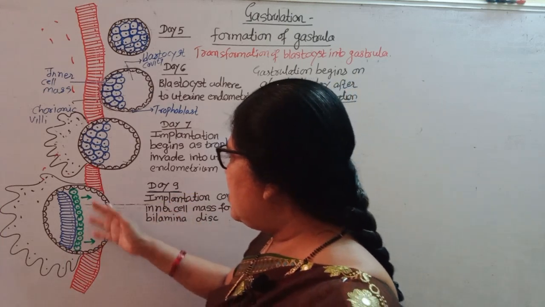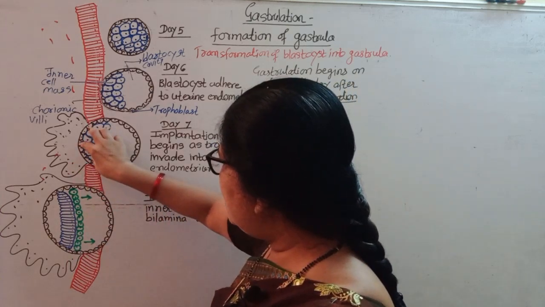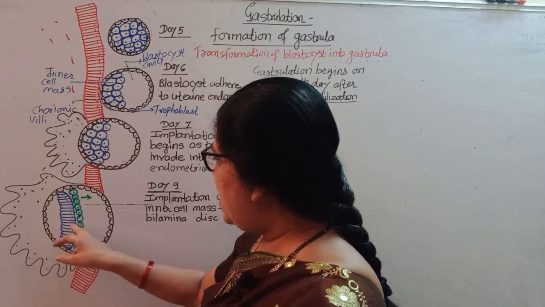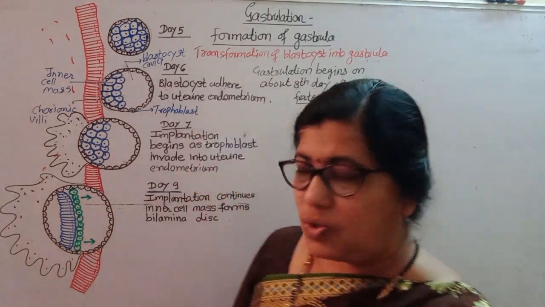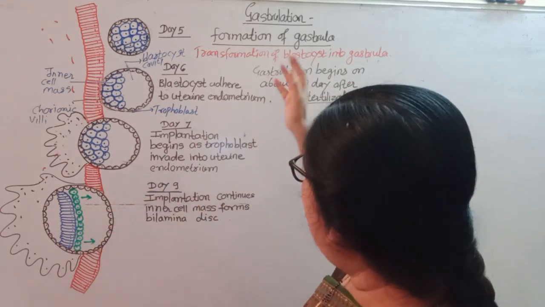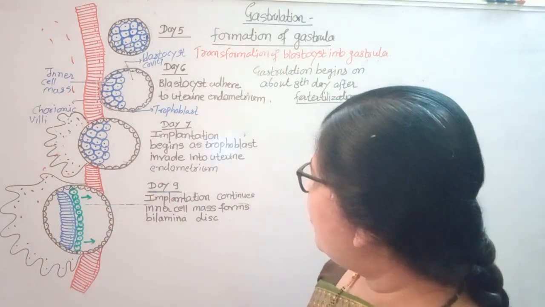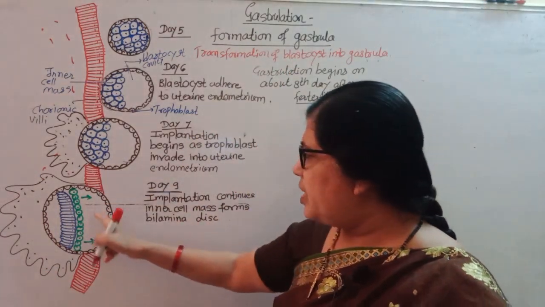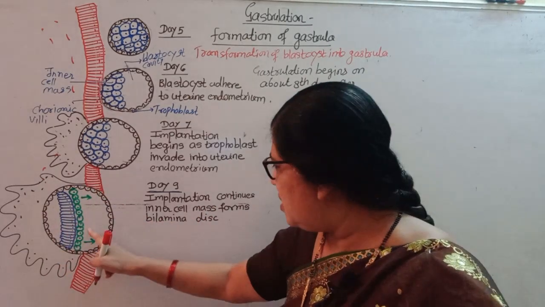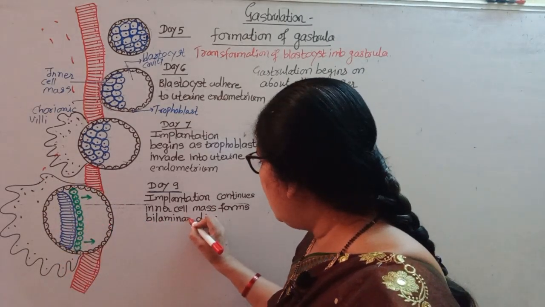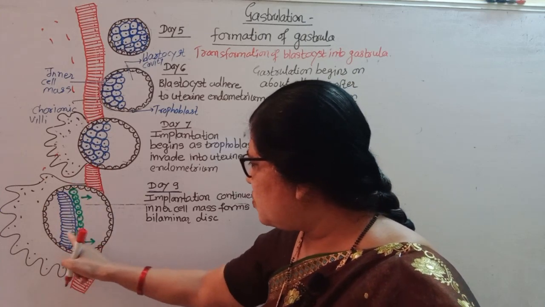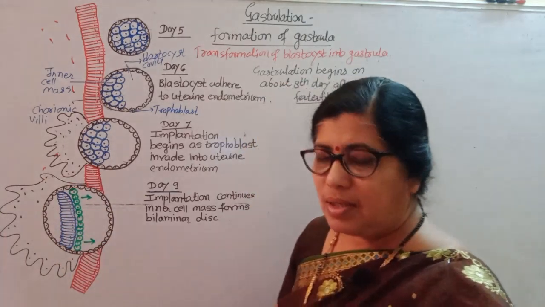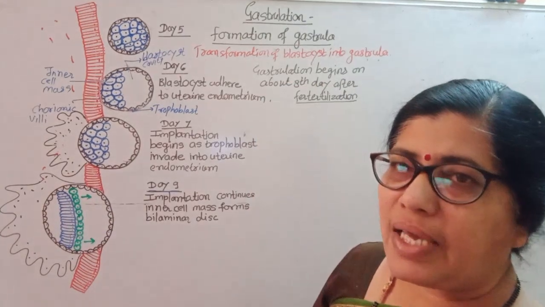See, these cells are called inner cell mass, but here cells are arranged in 2 layers, and this is the gastrulation. Implantation continues, and this inner cell mass forms bilaminar disc. So we start gastrulation.